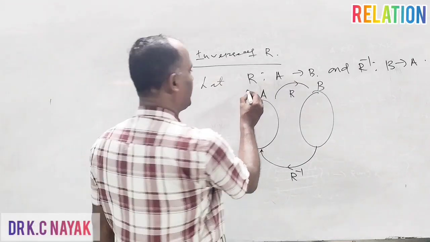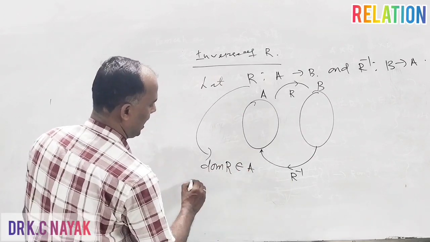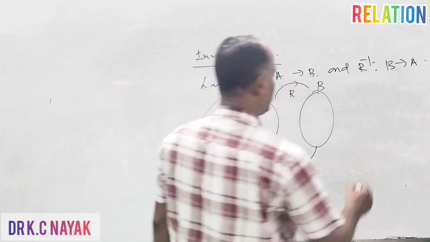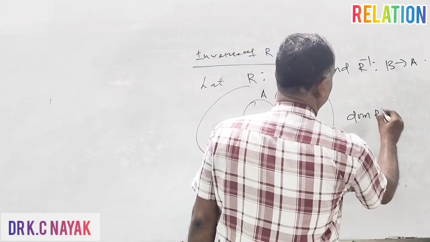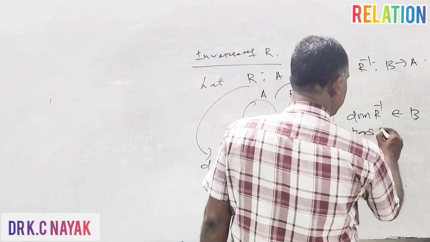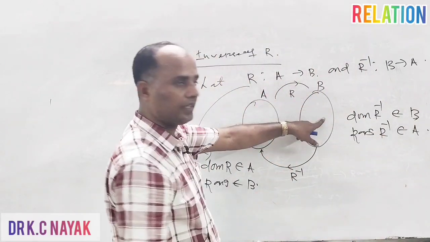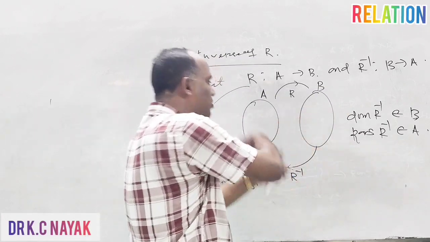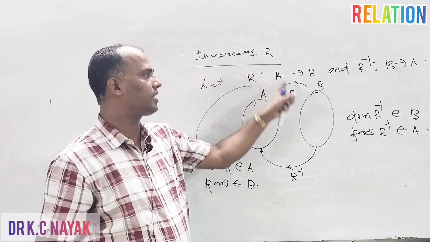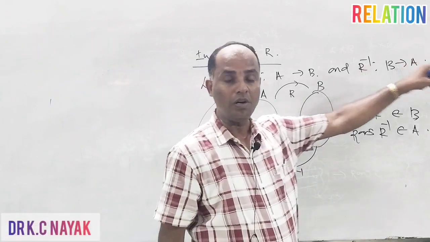That means the domain of R belongs to set A and the range of R belongs to set B, but the domain of R inverse belongs to set B and the range of R inverse belongs to set A. When R is a relation from A to B, then R inverse exists from B to A.